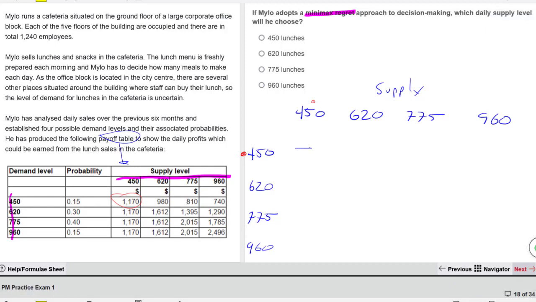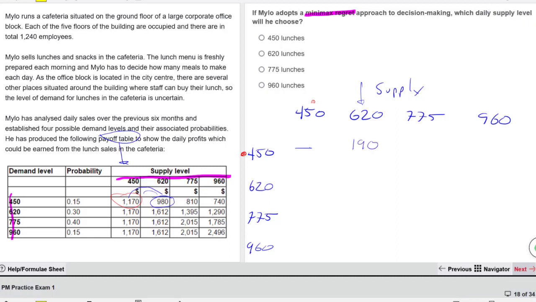However, if I choose to produce and supply the 620 and demand happens to be 450, I only earn 980, guys. So now I have a regret. I have an opportunity cost. I say, oh, shucks, I should have produced 450, but I produced 620. So the difference between those two profits is my opportunity cost, or a 190.